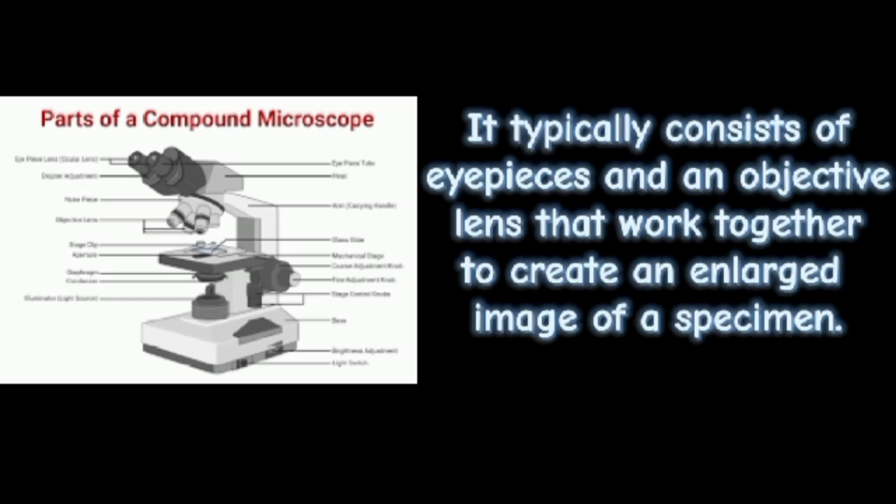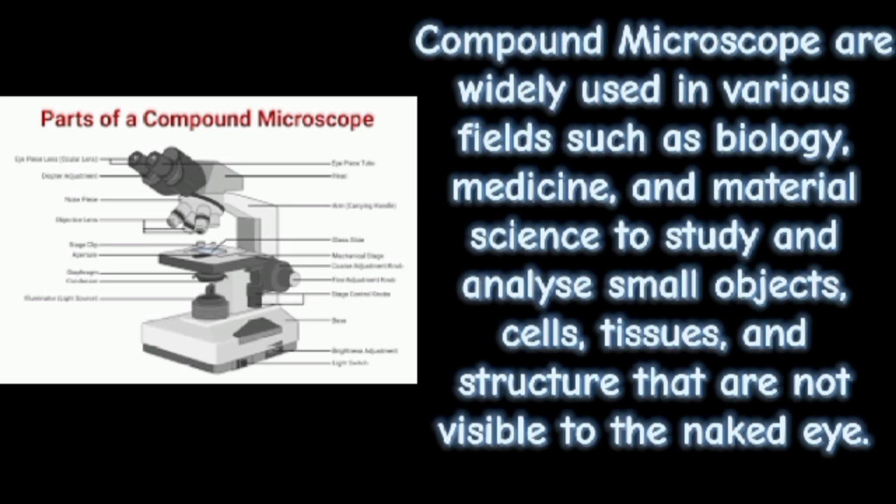It typically consists of an eyepiece and an objective lens that work together to create an enlarged image of a specimen. Compound microscopes are widely used in various fields such as biology, medicine, and material science to study and analyze small objects, cells, tissue, and structures that are not visible to the naked eye.